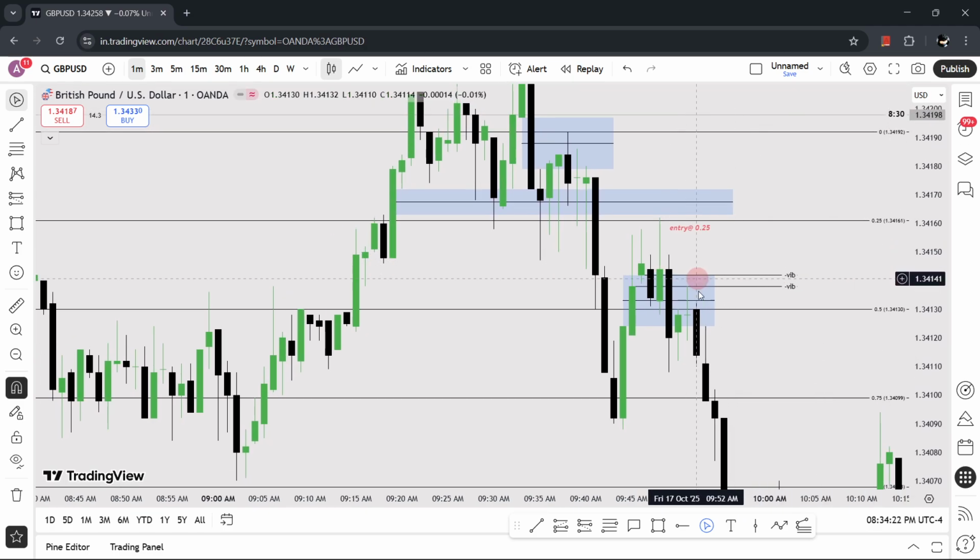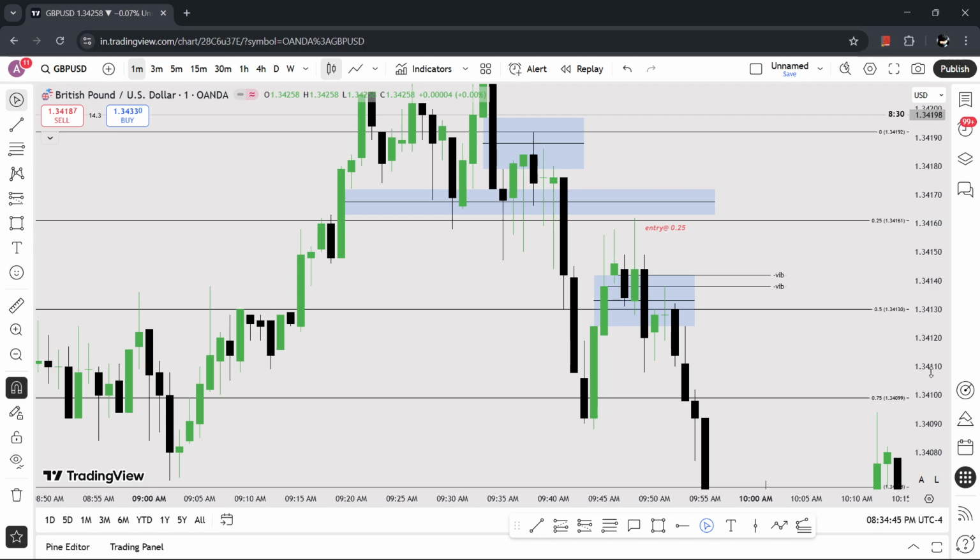Look at the price points here. Price went through this 1 minute fair value gap, inverting it. Till that time, it was respecting it one, two times. It went to the 0.25 level, broke down, disrespecting this 1 minute fair value gap, and went up again.